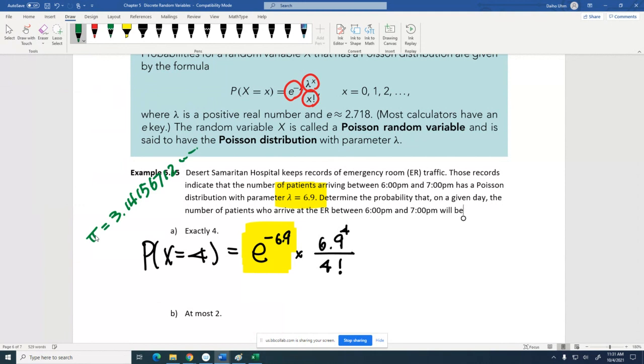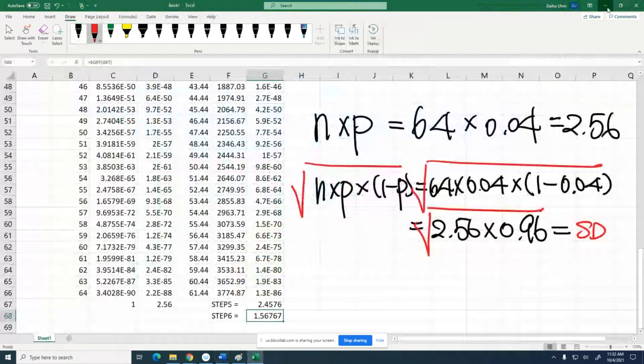I don't know, I cannot remember. Endless, right? The e is almost the same kind of constant as pi, but e is 2 point something. I cannot remember, 2 point blah blah blah. It's forever. But don't worry about that. We have the e on your calculator. So now here I have a TI-84.